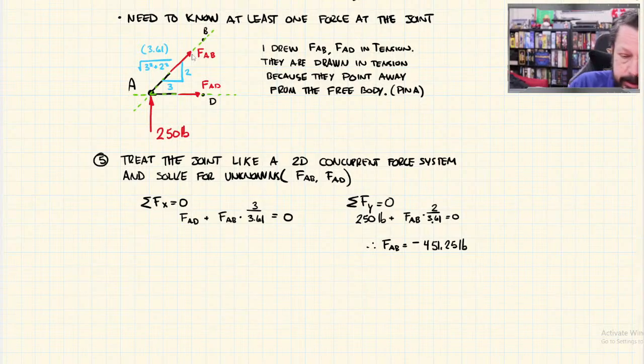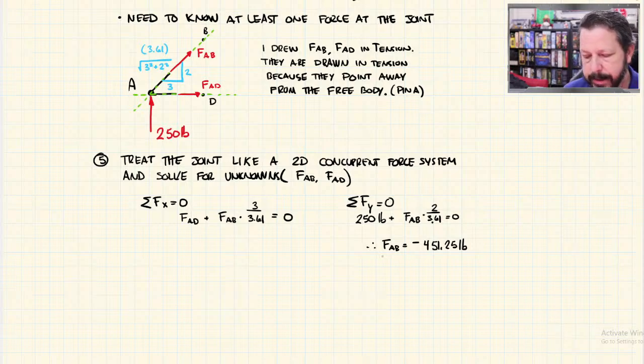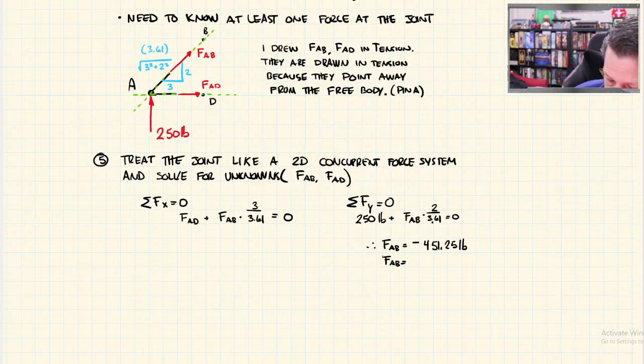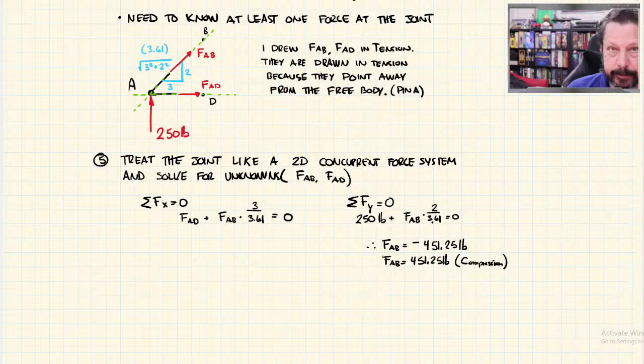So what I'm going to ask you to do is, instead of writing FAB equals negative 451, write FAB equals 451.25 pounds, and then specify that's in compression. Normally you only write C or T for tension.